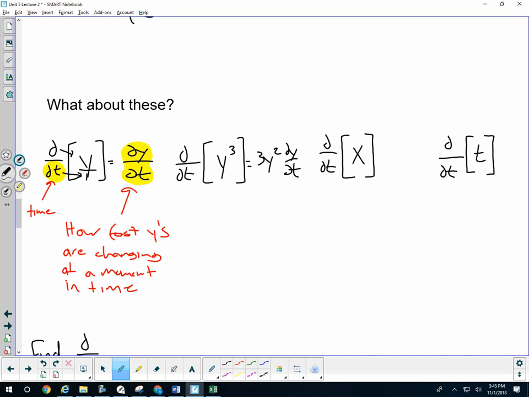And man, all of our derivatives of x's have always worked out nicely, but now it's not the case. Since I have a dt, I would not write this as 1. I would not write this as dx over dx. It's now dx dt. And now this has its own meaning. dx dt would be how quickly my x's are changing at a specific moment in time.